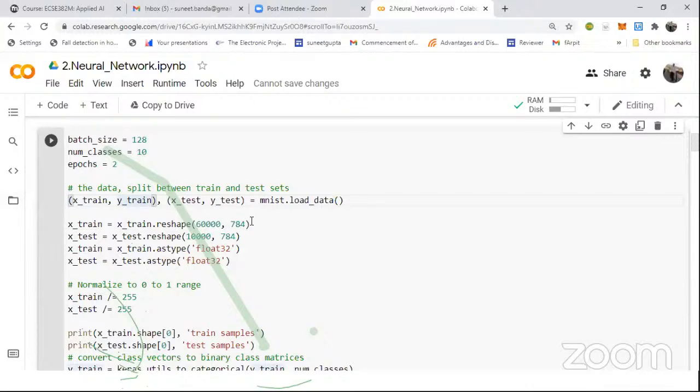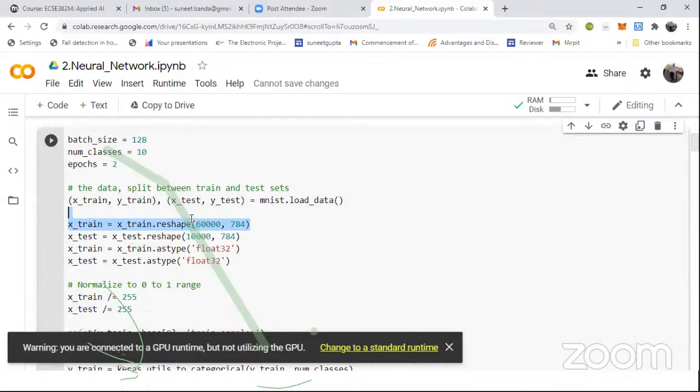In this function, the size of the image is 28 by 28, and 28 times 28 is 784. The image is in 2 dimensions, but we are converting the 2D matrix into a column vector, so 784 values, nothing else.